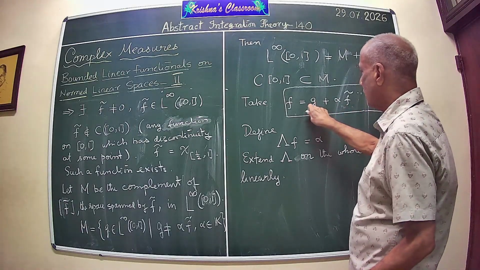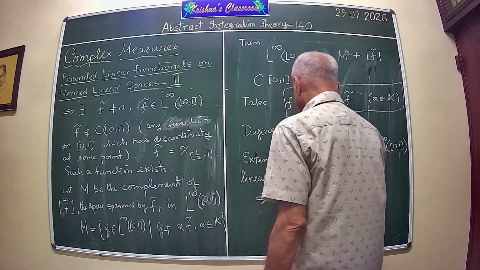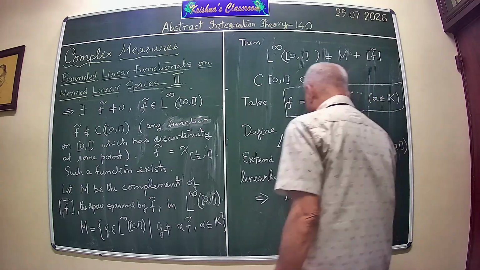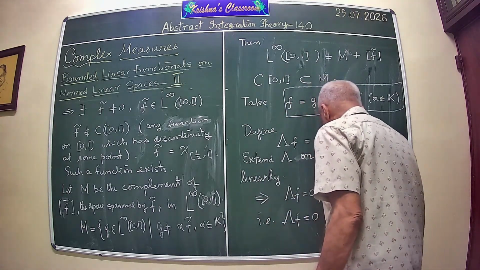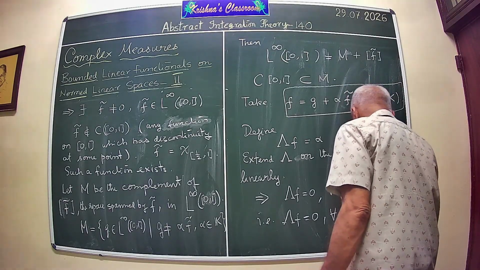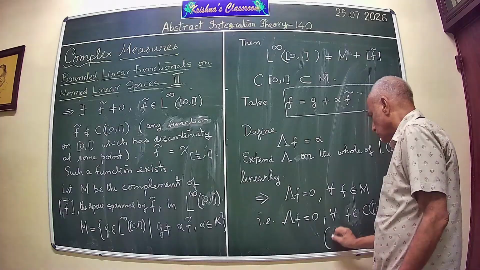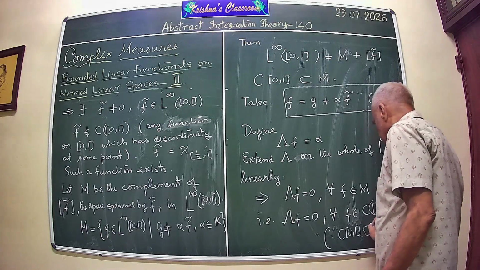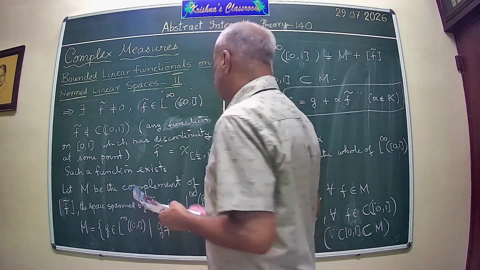So every element can be written so, and this implies that C[0,1] is a part of it. Okay, therefore keep this in mind.